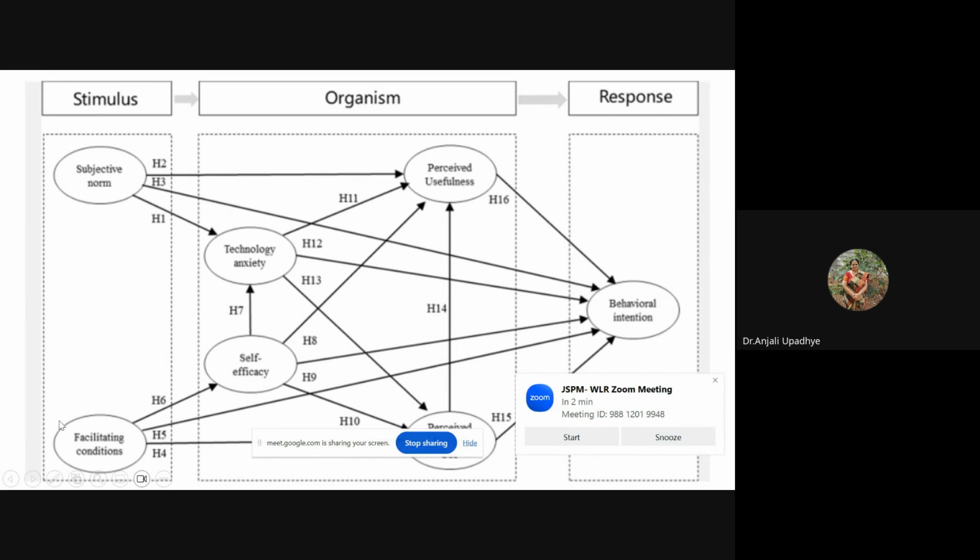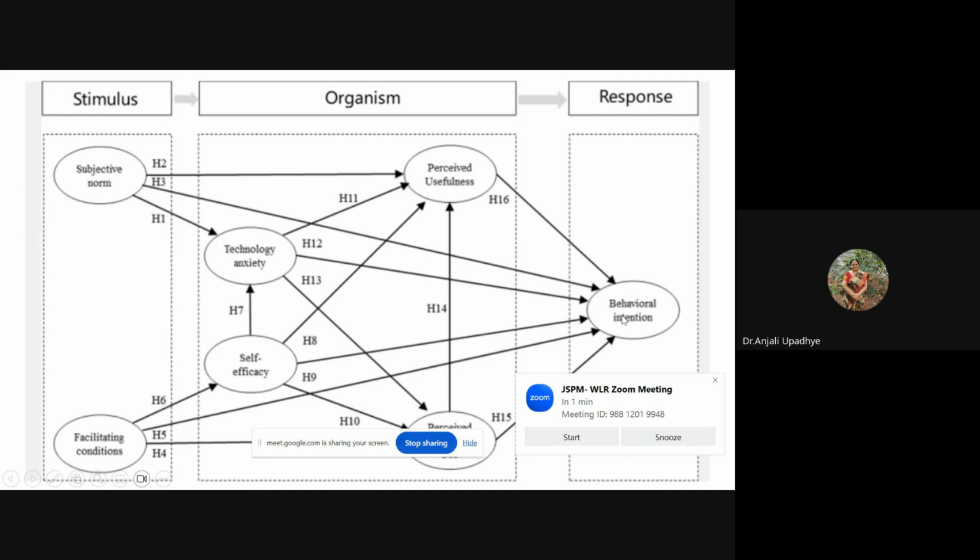The subjective norms and facilitating conditions have variables such as technology anxiety, self-efficacy, perceived results, or perceived usefulness. All of this leads to our hypotheses. The subjective norm may lead to hypothesis 1, technology anxiety may have perceived usefulness, and together these lead to the behavioral intention.